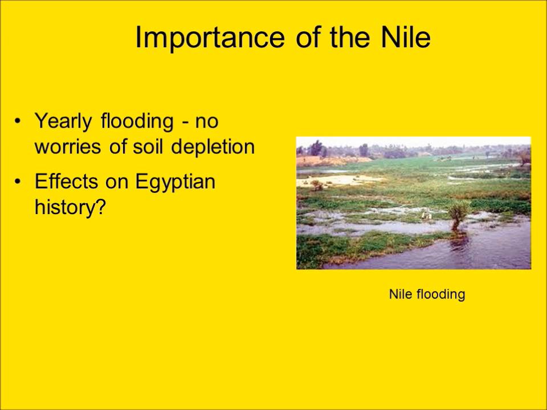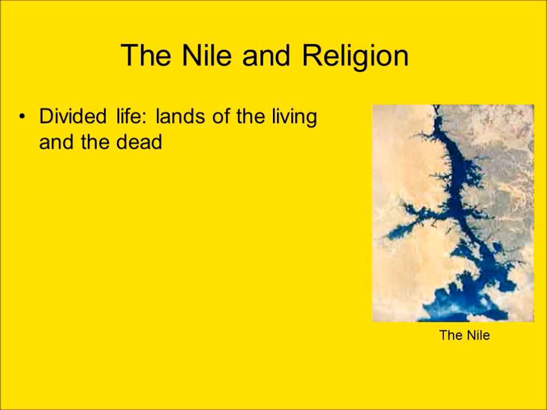As we mentioned in the previous slide, important for trade, important for communication, and also important for political unity as well. The Nile served as a dividing line between the lands of the living and the lands of the dead. The east, the land of the sunrise, was the land of the living.